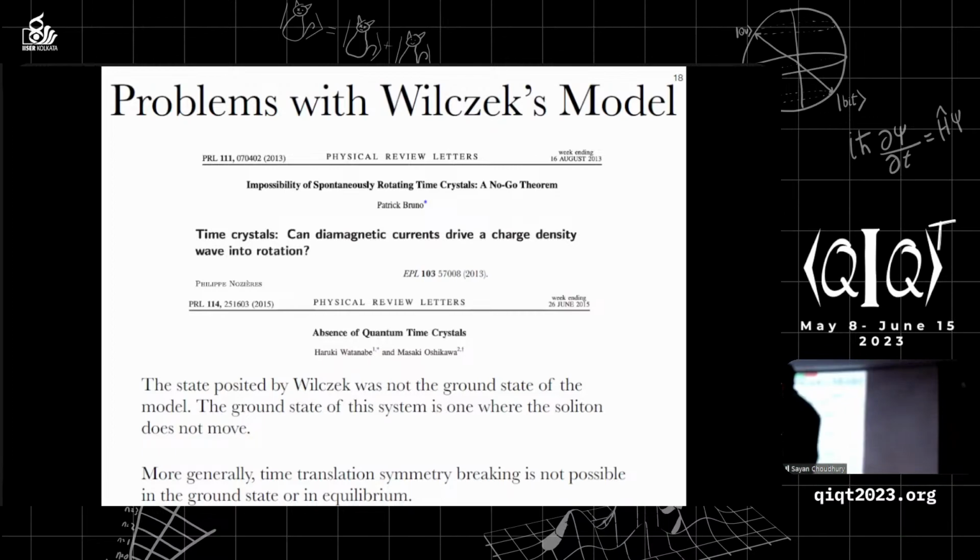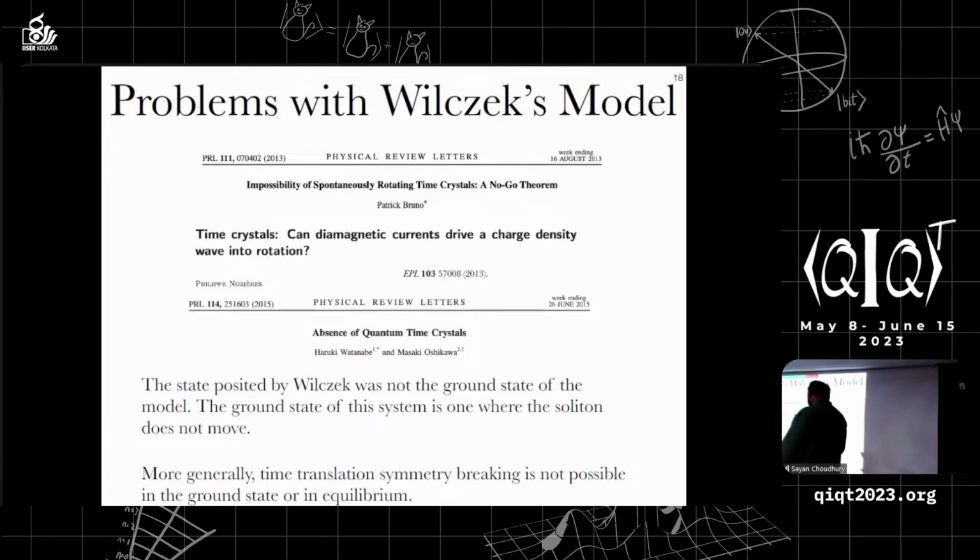Yes. So, okay. What has been established is that time translation symmetry breaking is not possible in equilibrium. Even if an equilibrium system shows transient oscillations starting from some state, those oscillations will eventually die out. Okay.